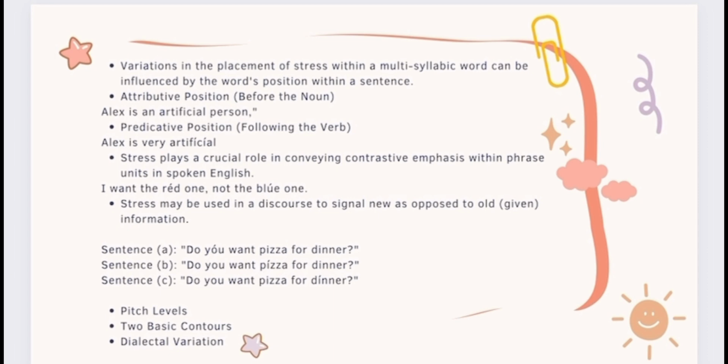Two basic contours: traditionally, two basic intonation contours are recognized, falling intonation and rising intonation. Falls typically signal certainty or finality, while rises signal uncertainty.